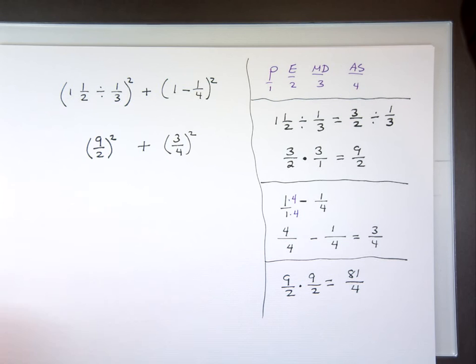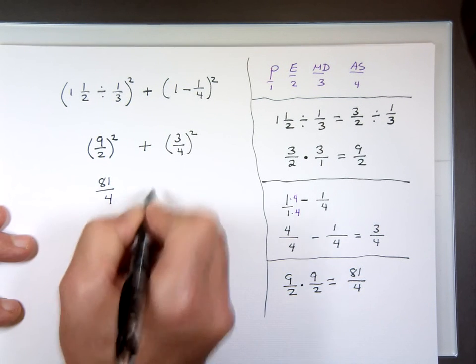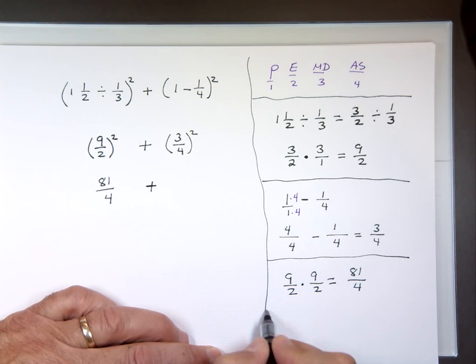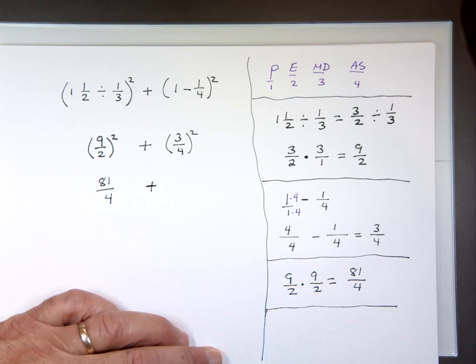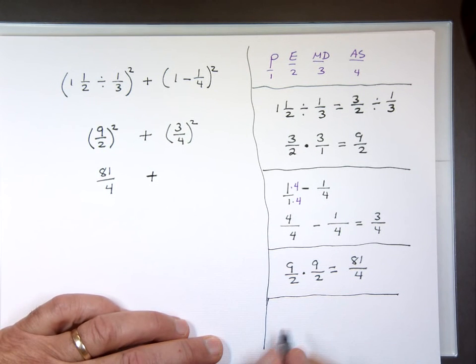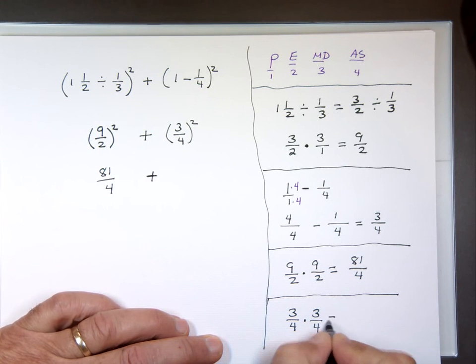So this is 81 over 4. And let me do the other exponent. This is 3/4 squared, which means 3/4 times 3/4. And that will make it what? 9/16.